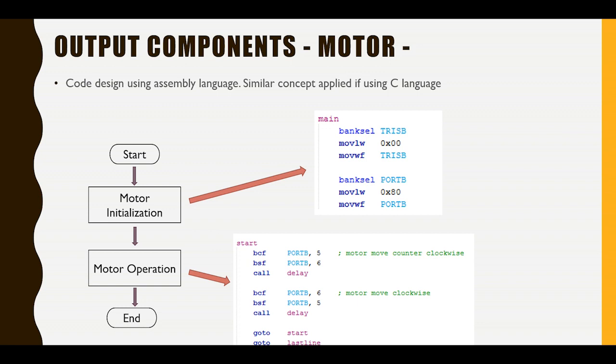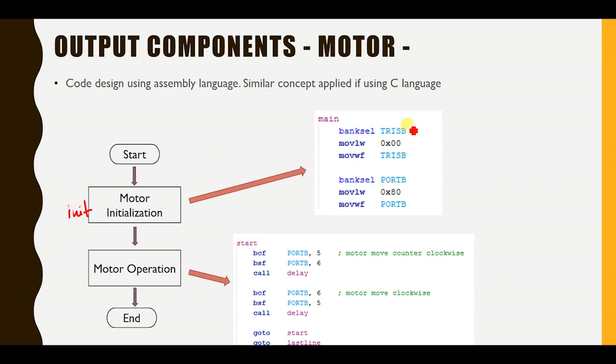This is an example of program code using assembly. The concept is similar if using C language. First of all, you have to initialize, and then you perform the motor operation. Let's go through each of these.